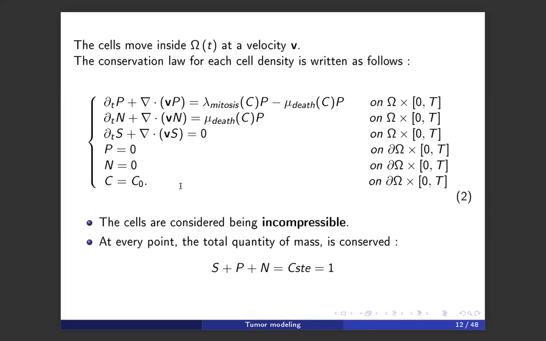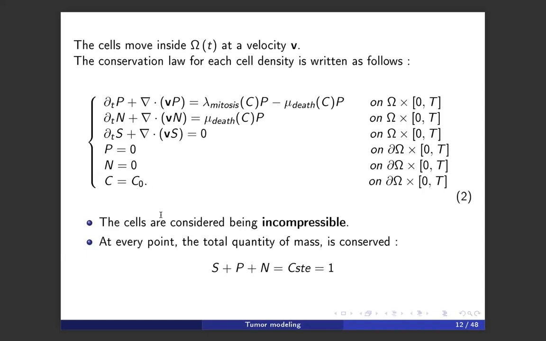Inside the tumor, the cells move with the velocity v, and the conservation law for each cell density is written as follows. We have three equations for the proliferative cells, necrotic cells, and healthy cells, which are completed by the boundary condition.